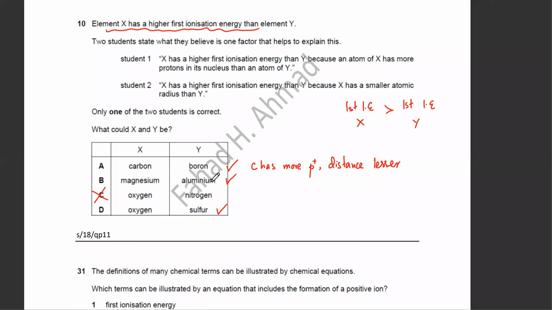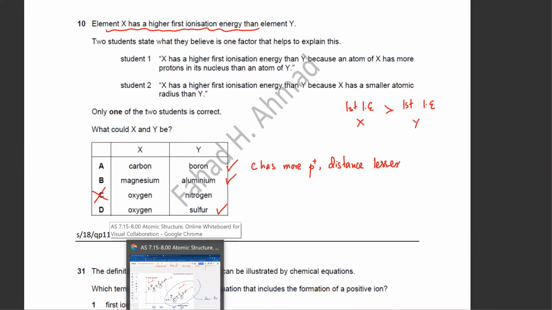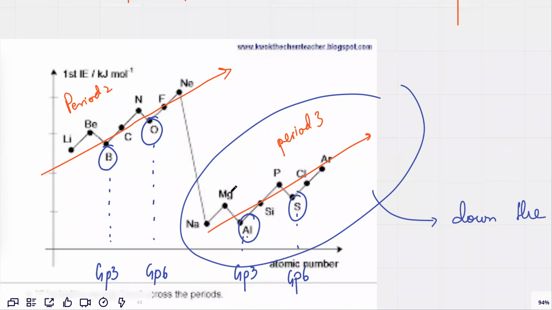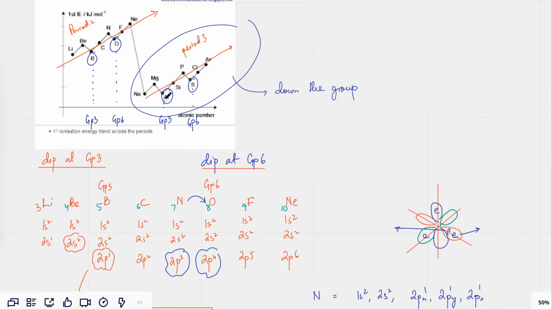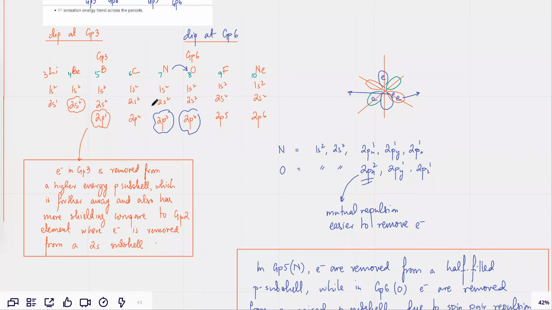Now we've got magnesium and aluminium. Why is magnesium having a higher ionization energy? What's the reason for that? In the case of magnesium, why was magnesium having a higher ionization energy compared to aluminium? Now the reason for that was, why was there a dip at group 3? In group 3, you can call this aluminium, the same trend is followed.